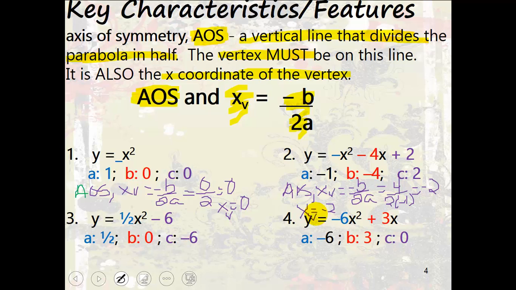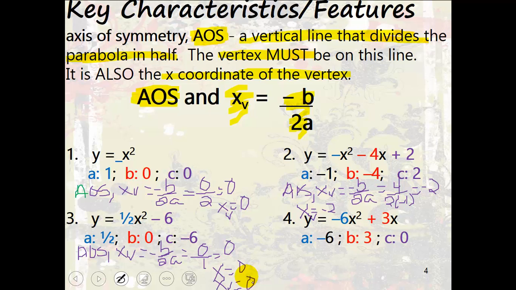All right, here we go. The axis of symmetry, which is also the x-coordinate of my vertex, is equal to negative b over 2a, which is 0 over 1, which is 0. So this is the line x equals 0.